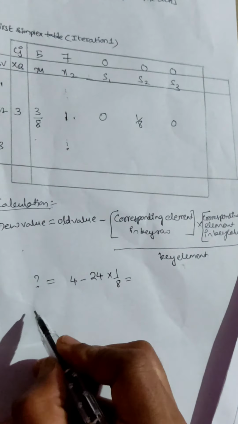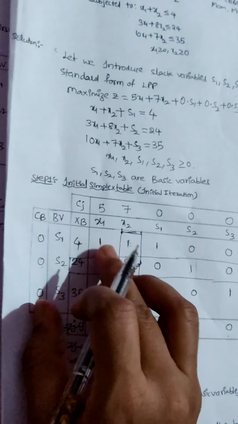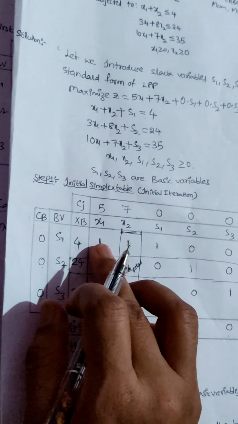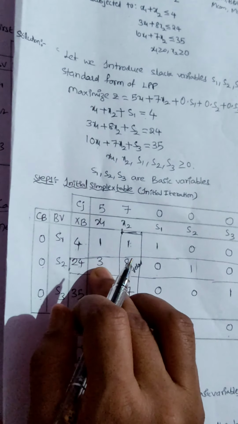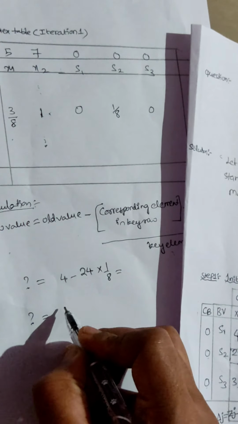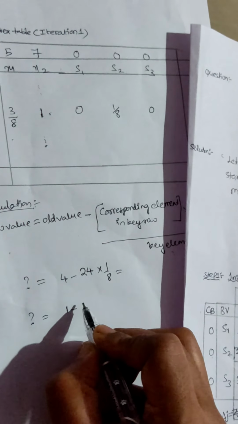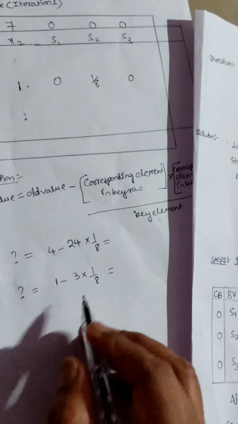Later we do the calculation. Similarly, for the old value 1, the new value is old value minus the corresponding element, which is 3. The corresponding element in the key column is 1 and the key element is 8. That is 1 minus 3 into 1 by 8 is equal to how much?